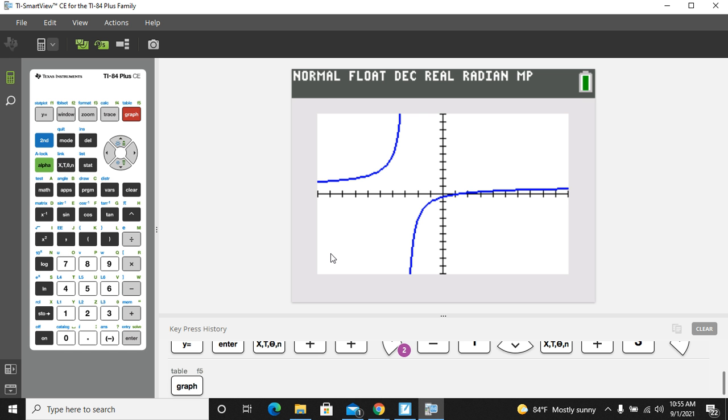All right. So obviously, what is happening here at x equals negative 3, the line x equals negative 3? The graph is approaching it. And what's that called when a graph approaches a line but never gets to it? Yeah, vertical asymptote. Okay. So this is a vertical asymptote. All right.